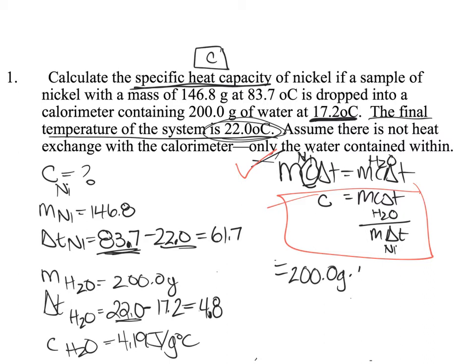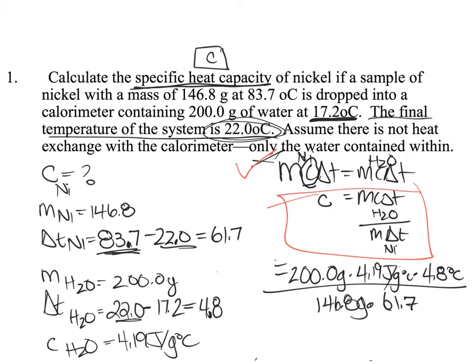So we have 200 grams of water, the specific heat capacity of water, and the temperature change of water, all divided by the mass of nickel times the temperature change of nickel. So it's going to look like this.